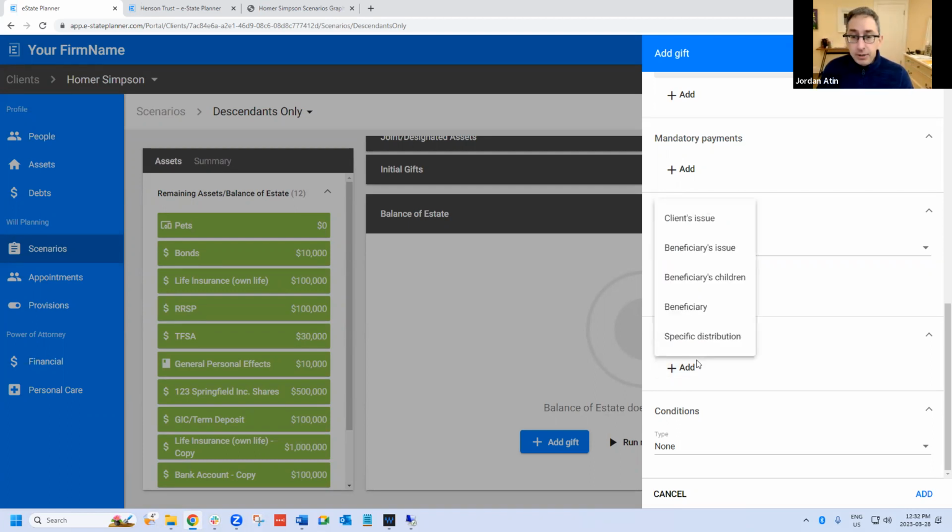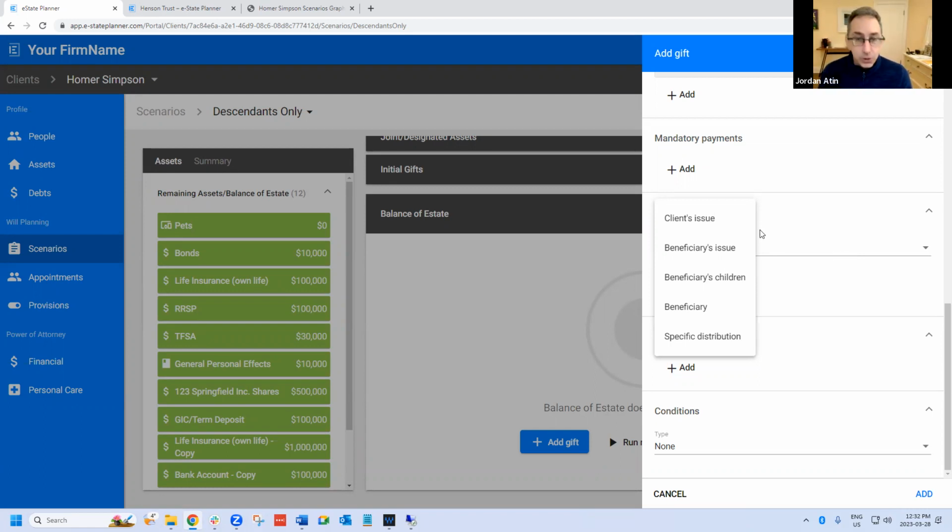So under gift over, we have a few options. Okay, we have 4 kind of standard options, and then we have a flexible option. So we wanted to create gift overs that were common, that you could create with just one button. But then we also wanted the flexibility to do complicated gift overs.